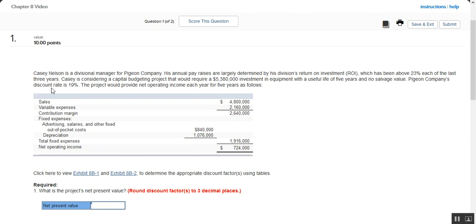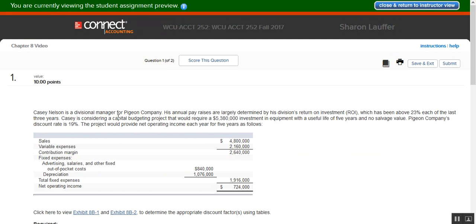So if we look at this as an investment, does it give us the return on investment? Yeah. Their return on investment has generally been about 23%.